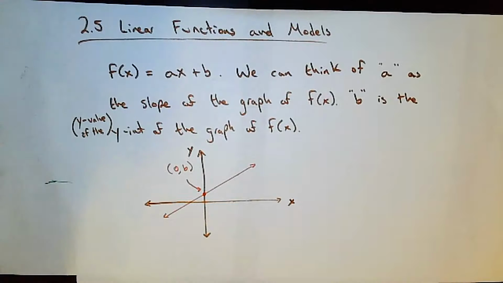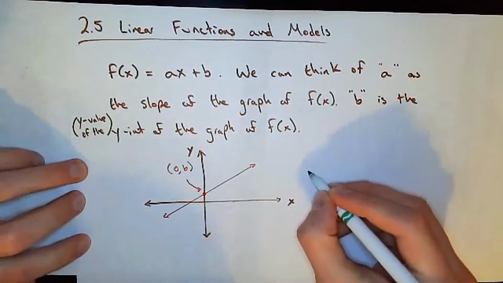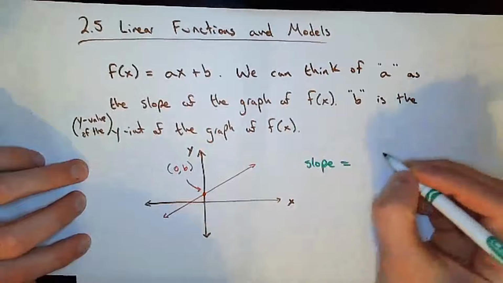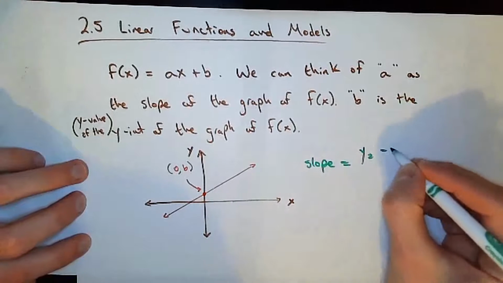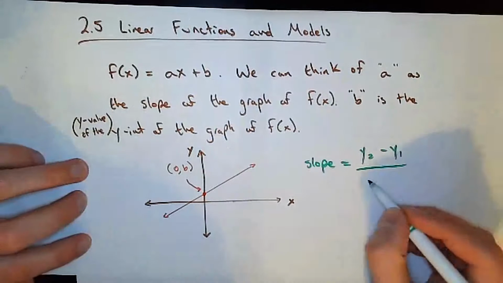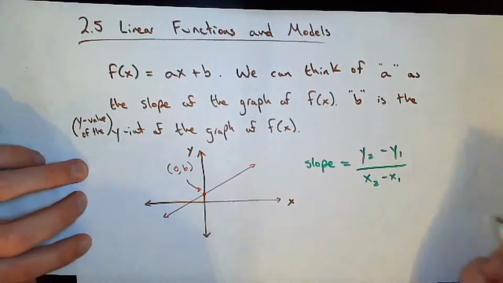Now, what about slope? Remember your slope formula. It's a ratio, a measure of how much the graph is changing vertically versus how much it's changing horizontally.